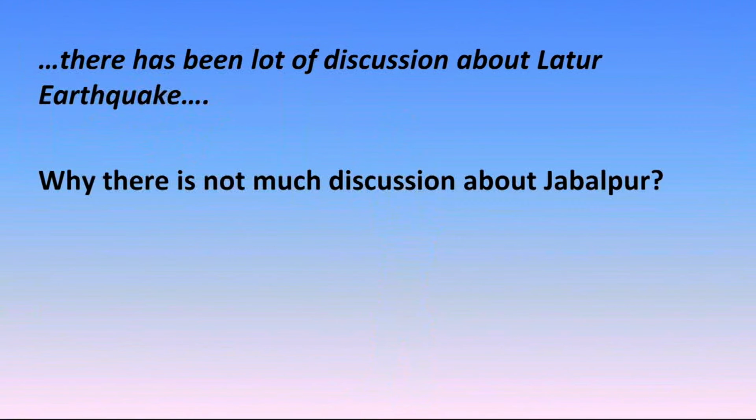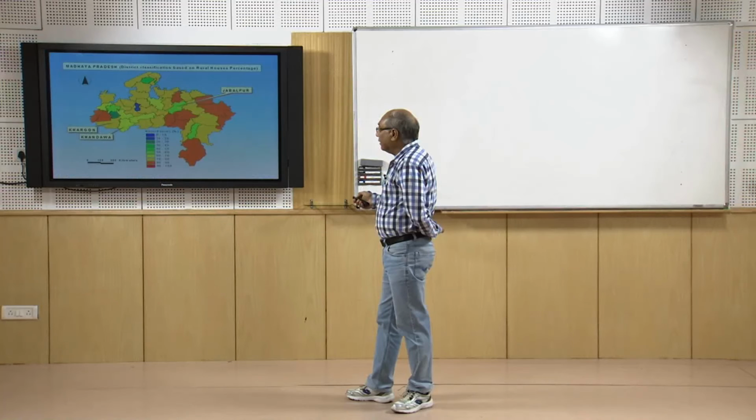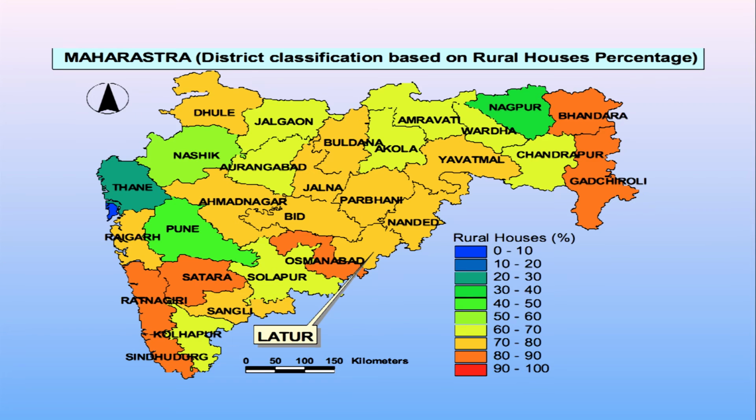Later on the same lineament, another earthquake occurred, in Jabalpur, and the data was analyzed the same way. Here you see that the percentage of rural houses is relatively much less. It is about 45%, because the majority of houses were engineered houses, and therefore there were only few deaths.